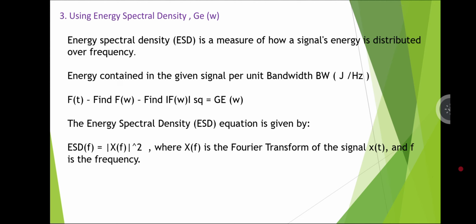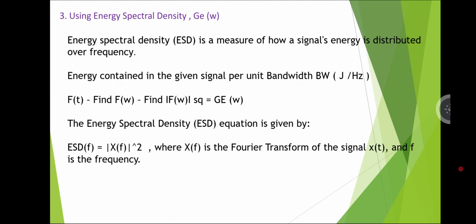So now let's start with energy spectral density. This is the third option by which we can represent the energy signals. Energy spectral density is a measure of how the signal energy is distributed over frequency. It is the energy contained in the given signal per unit bandwidth, that is joules per hertz.